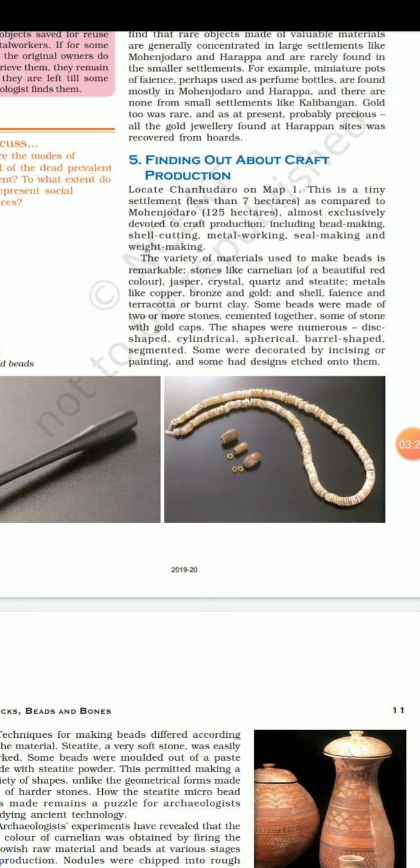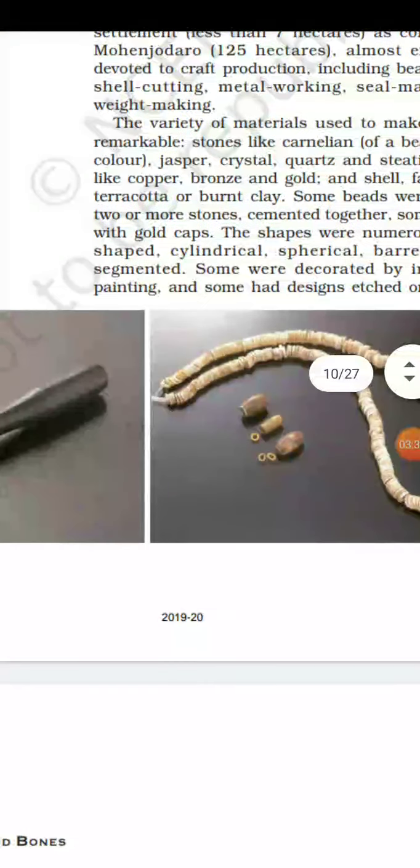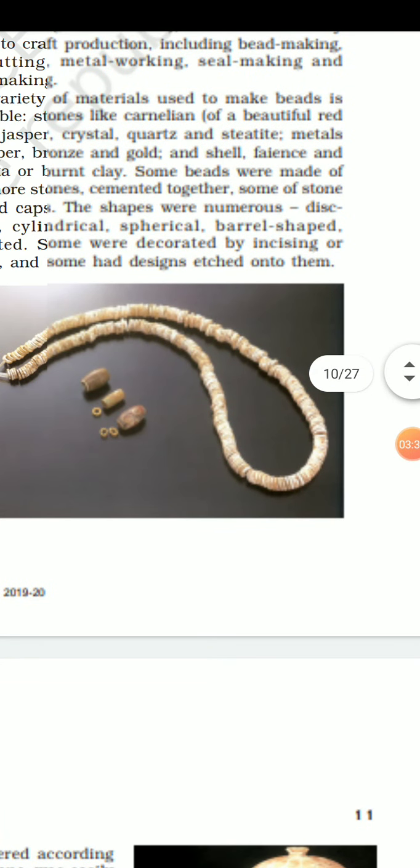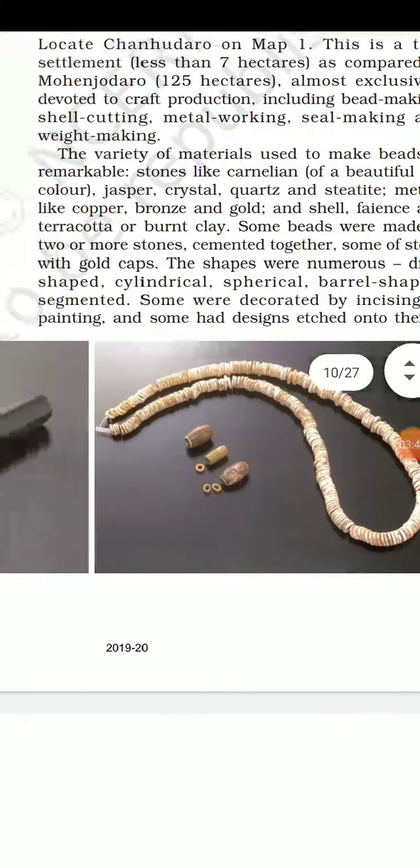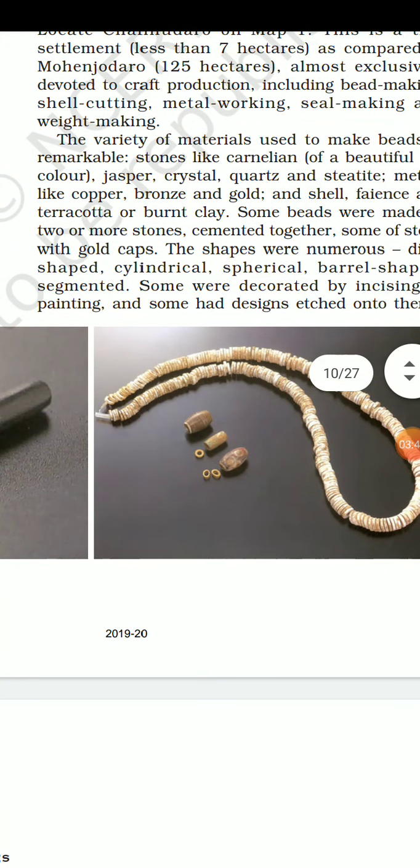In the same way, now look at the very bottom of the page. Can you see this jewelry? This is also a type of necklace, I think, and in this jewelry all the things mentioned in this paragraph have been used.